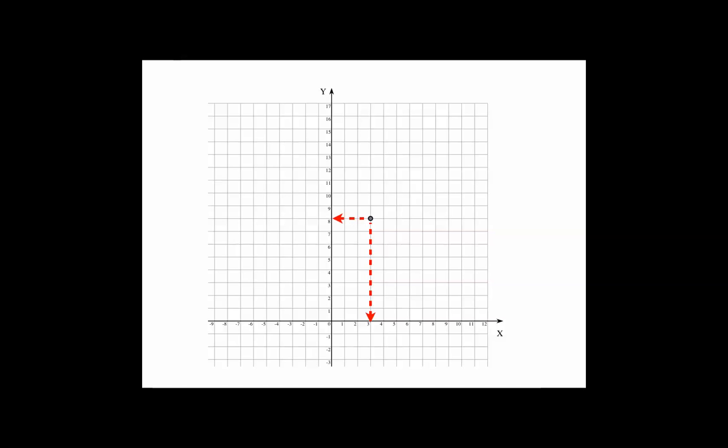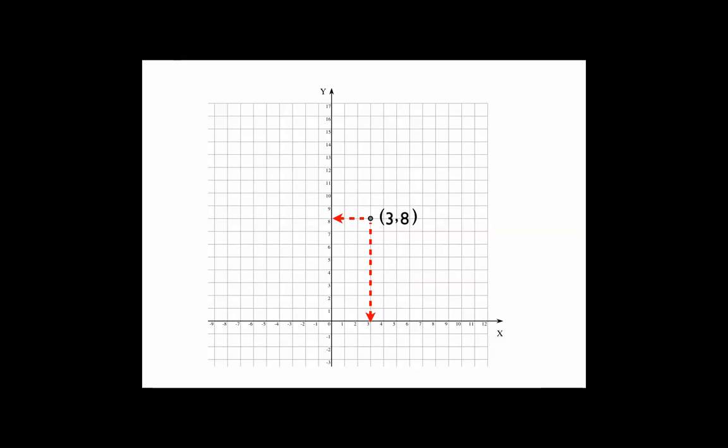So we have two numbers that we have associated with that point, the 3 on the x-axis and the 8 on the y-axis. Those two numbers are put together into what is called a coordinate pair. Or we simply say that (3, 8) is the coordinate for that particular point.